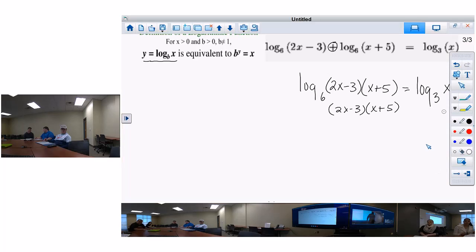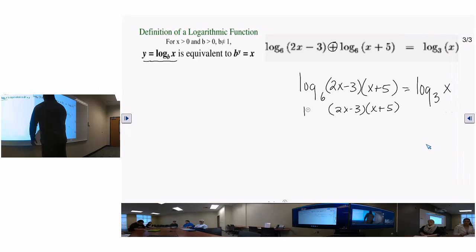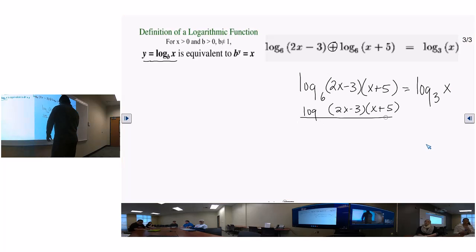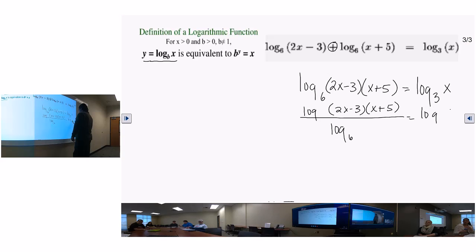I'm going to use the change of base formula and do log of that over the log of 6 equals log of x over the log of 3.